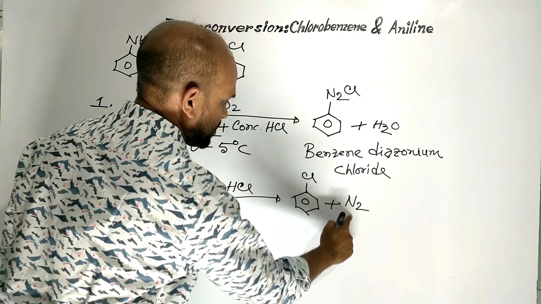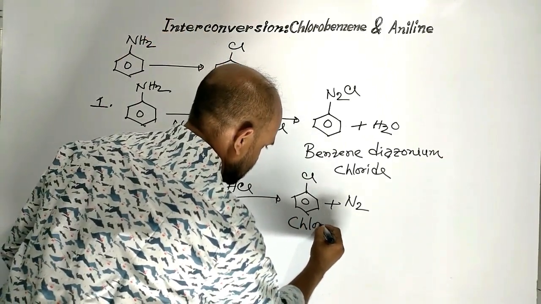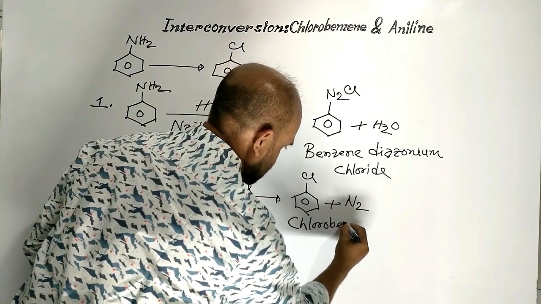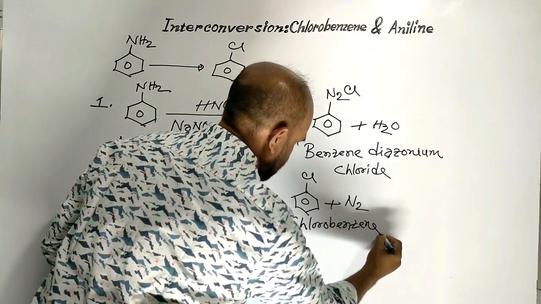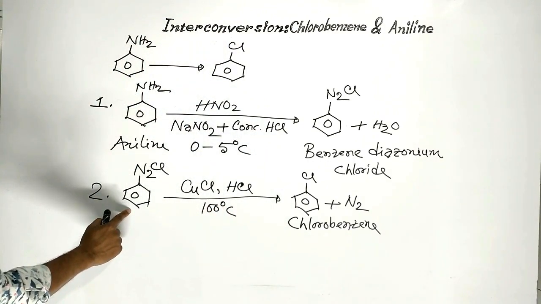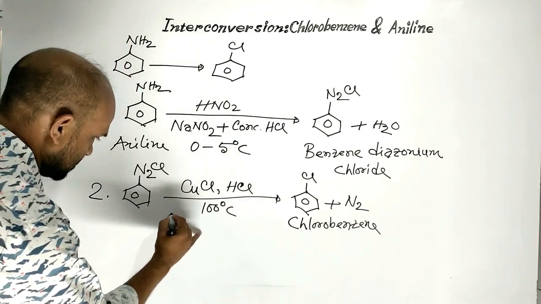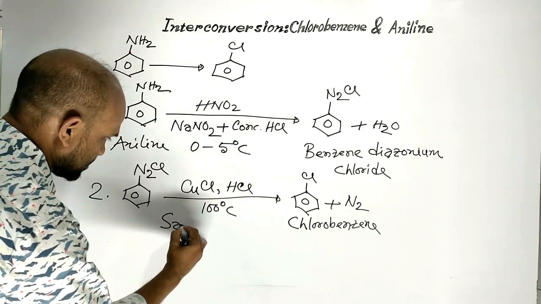Nitrogen is formed as byproduct. So we get chlorobenzene from benzene diazonium chloride, and this reaction is known as Sandmeyer reaction.